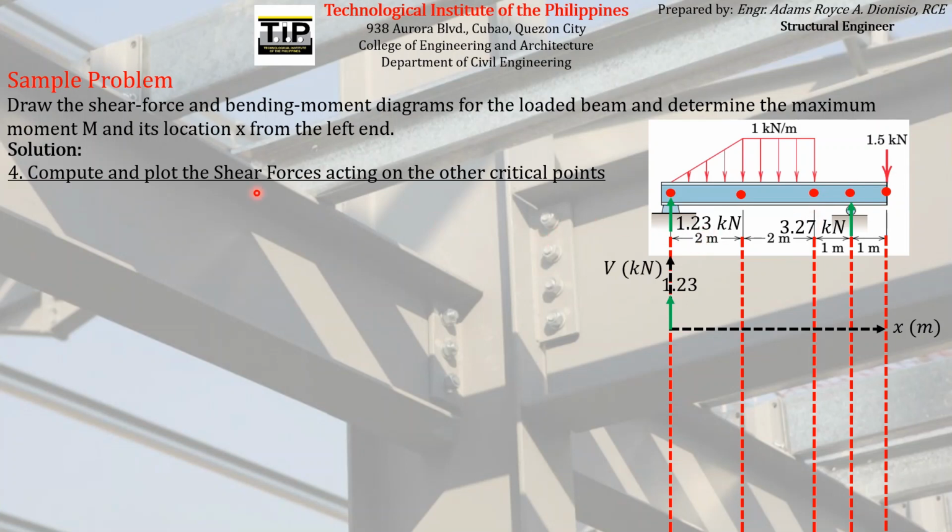And after knowing the magnitude of those shear forces, we have to plot them on our shear diagram or shear coordinate system. But the question will be, how can we get the corresponding shear force at this location, at this location, at this location, at this location?